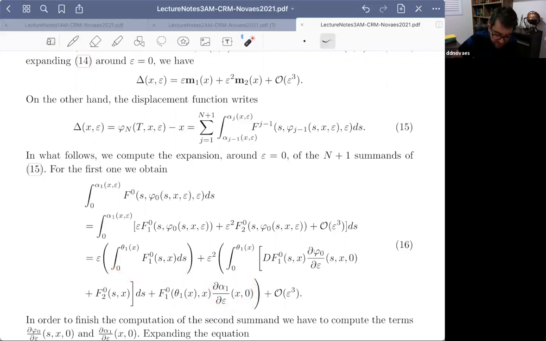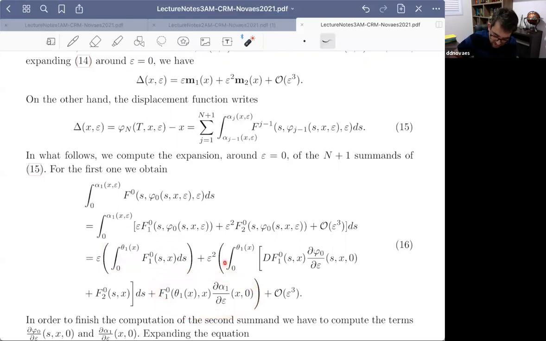It's just the integral between 0 and theta 1 of f1. So that's why the first order averaging method always coincides for any kind of piecewise differential system, because the dependence on the geometry of the discontinuity manifold does not appear in the first order. It only appears after the second order.